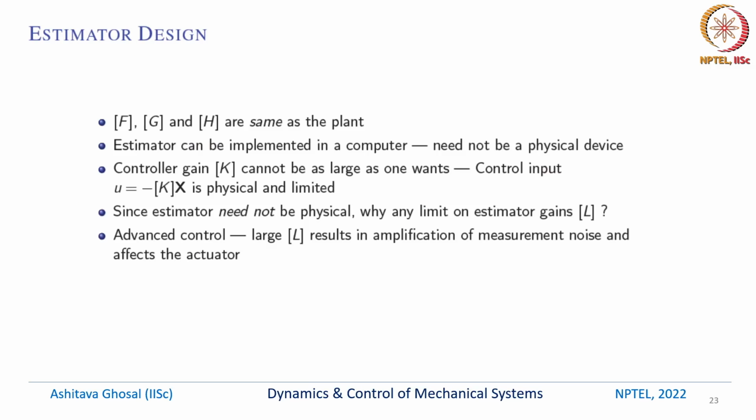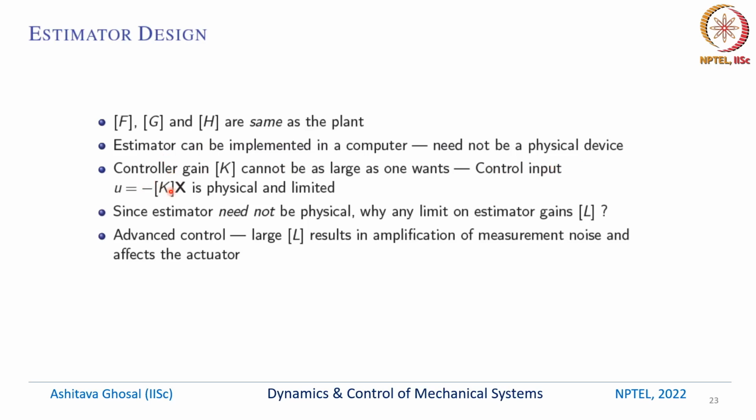So in estimator design, we assume that F, G, and H are exactly the same as in the plant. F, G, and H form the model, and they are exactly the same as in the plant. The estimator can be implemented in a computer. It need not be a physical device.